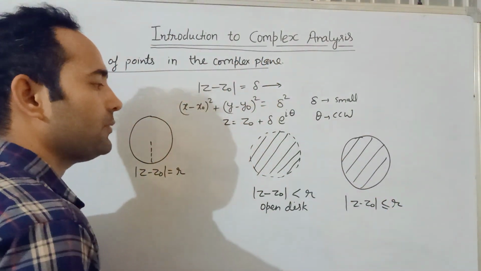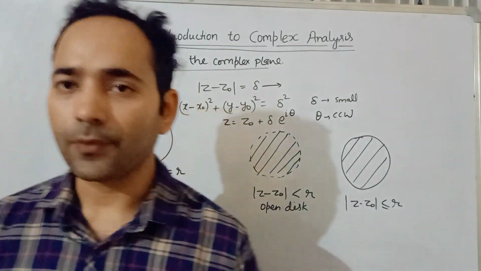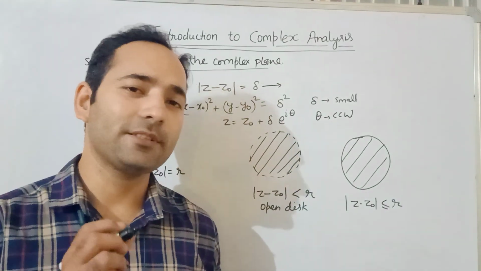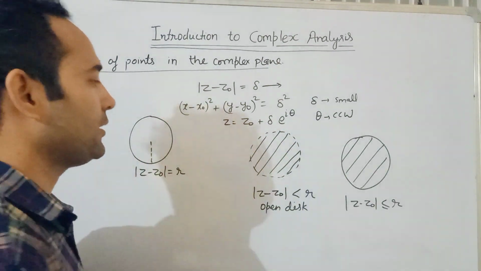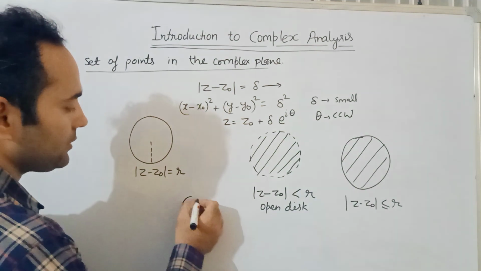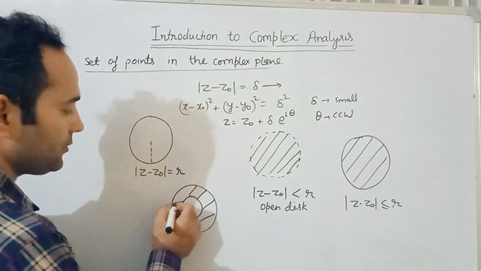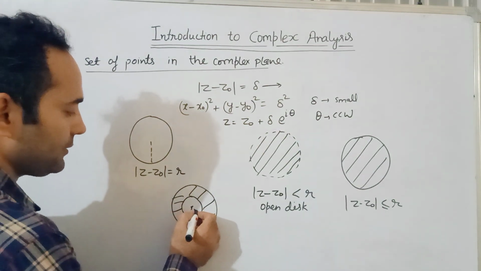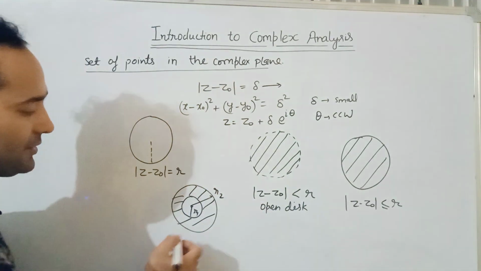Now why are we doing this? You will see in a while. So I have a list of points that you need to understand. I will just mention one by one. Now just two more things, open annulus and closed annulus. So if I say this, what would it be? If the inner radius is r1 and outer is r2, then this is closed annulus.